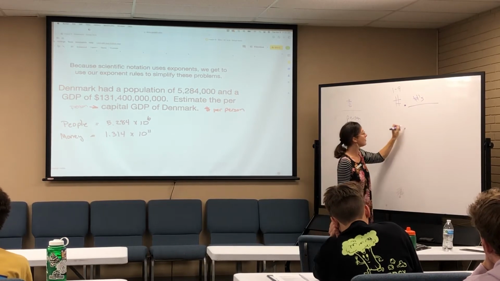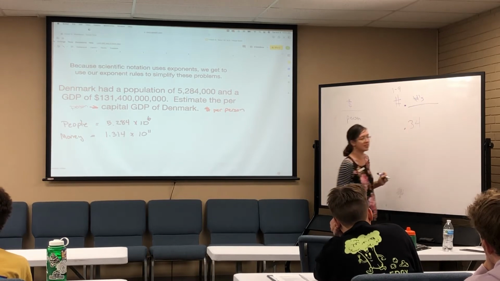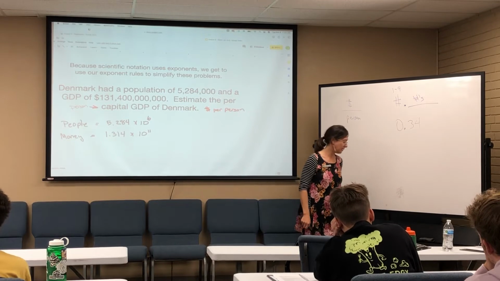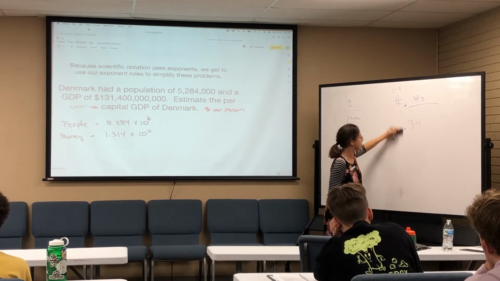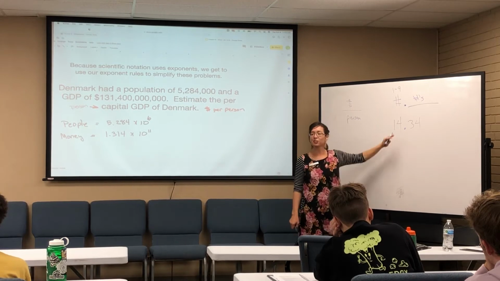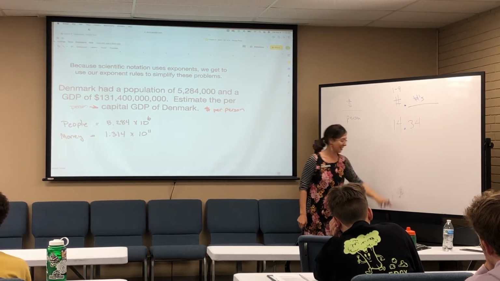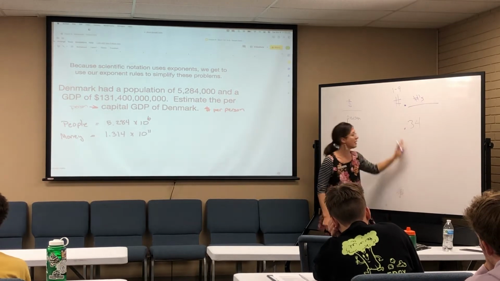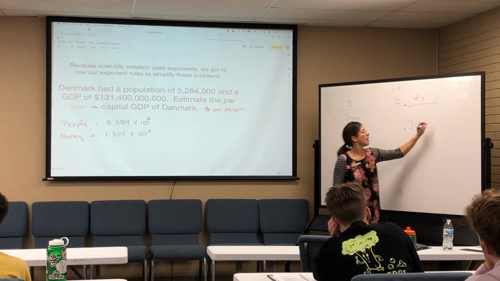You cannot have it in scientific notation like this with a 0 up here. You cannot have scientific notation with 14, with a 2-digit number in front. It always has to be a single number between 1 and 9, okay?